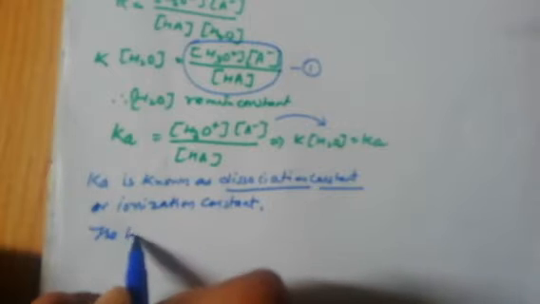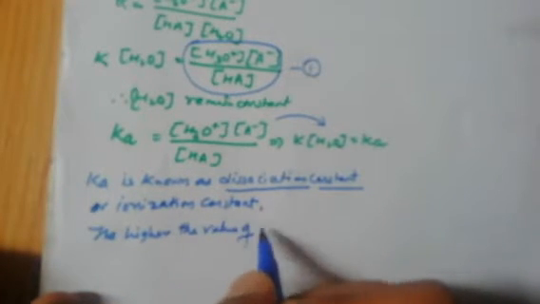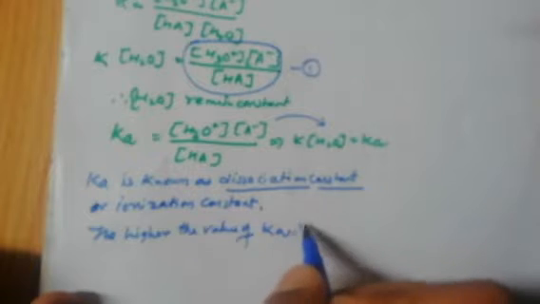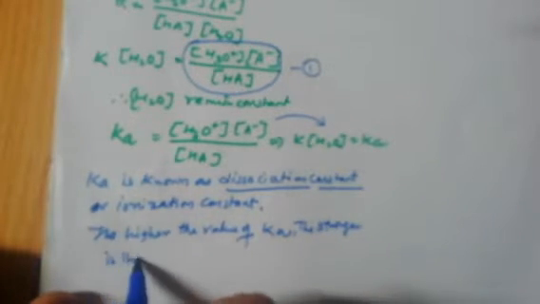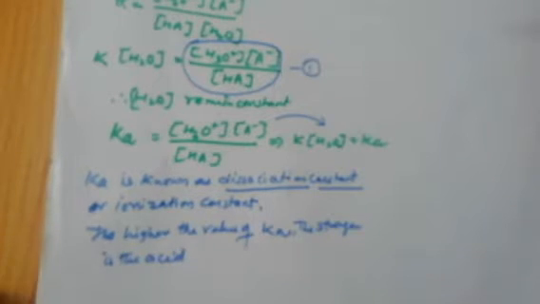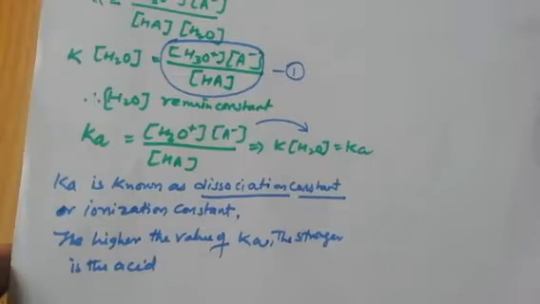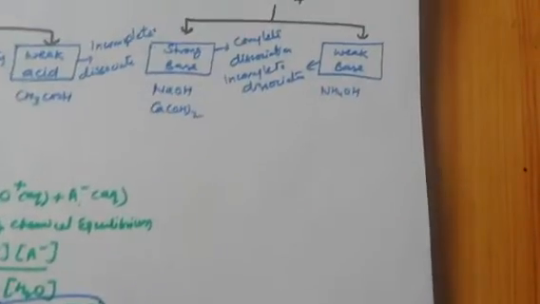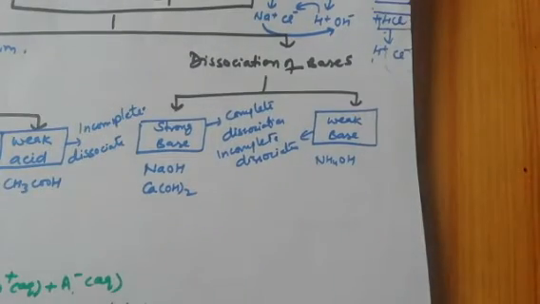Our conclusion is that the higher the value of Ka, the stronger is the acid. Okay. In a similar way, when we do the dissociation for a base, what will happen in the case of a base?